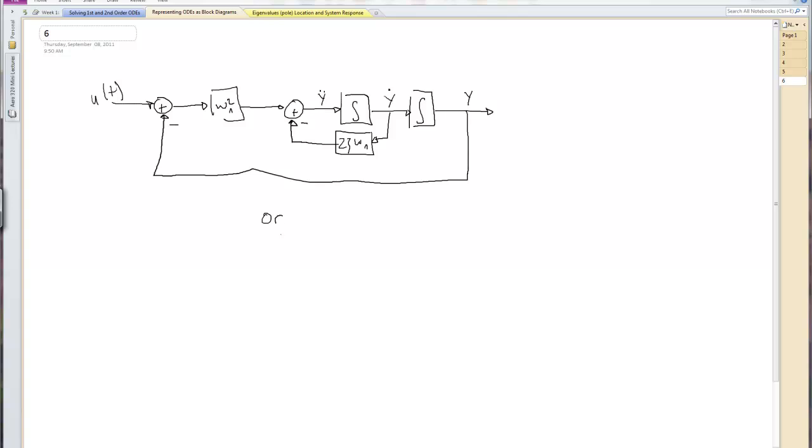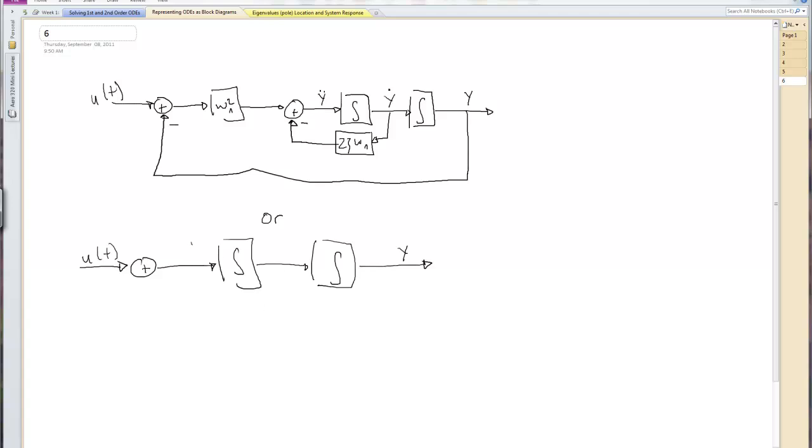There's another way to do this. I'll start with the input, u of t, and pull the sum junction there, take that through, feed it to the first integrator, feed that to the second integrator, and then out comes y.